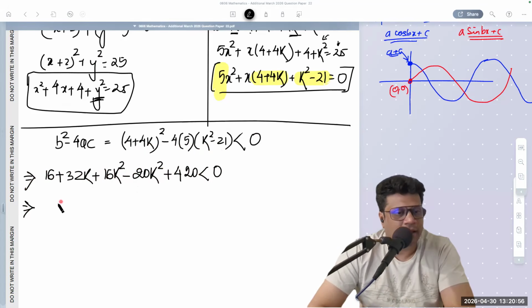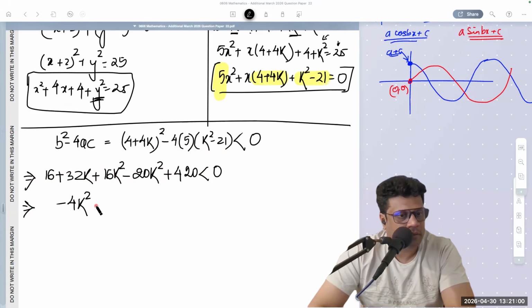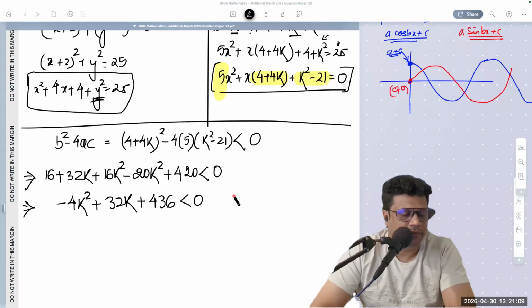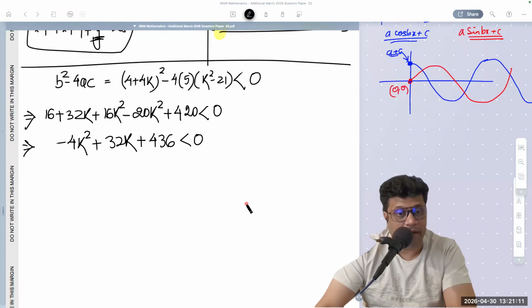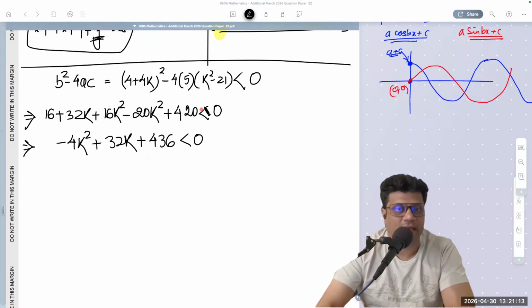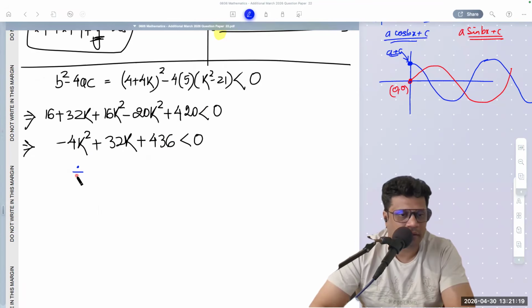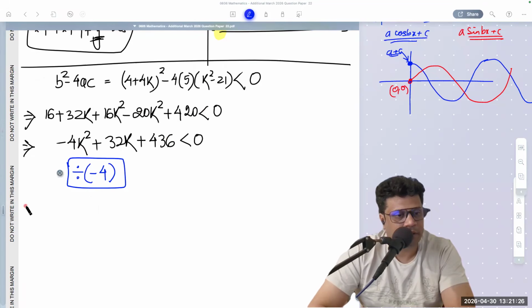And you're looking at negative 4k square plus 32k plus 436 should be lesser than 0. Well, a place where people make mistakes here. I want to get rid of that negative 4. I'm going to divide both the sides by minus 4. That's what I'm going to do.